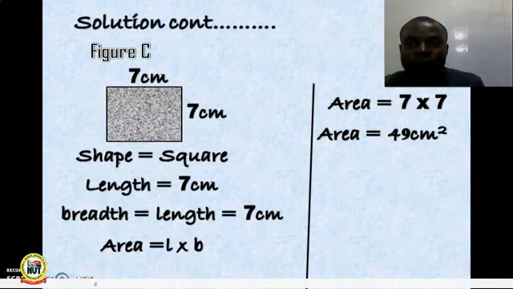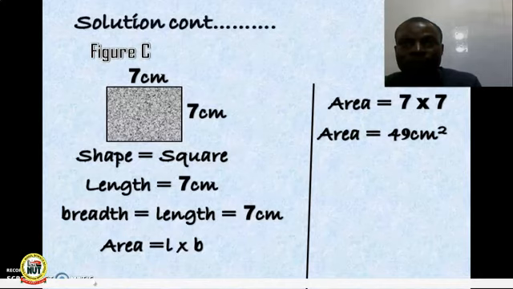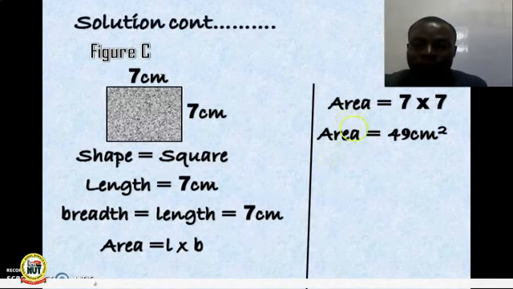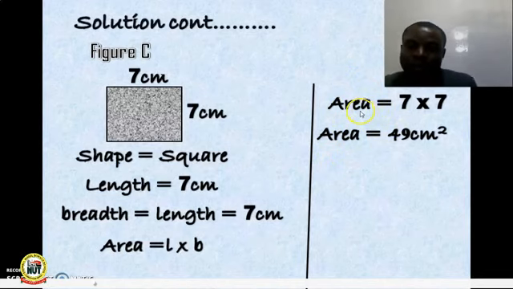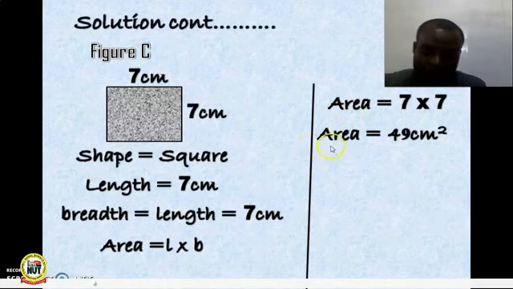When you are asked to calculate the area of a square or a rectangle, you can use the unit square if you are given it, and you can also use the formula. But it's always easier to use the formula, so learn your formula very well. Length times breadth is the area for a rectangle. Likewise, length times length is the area for a square.